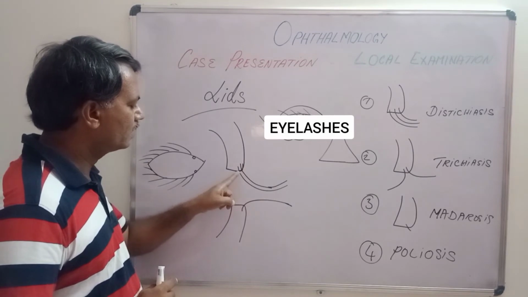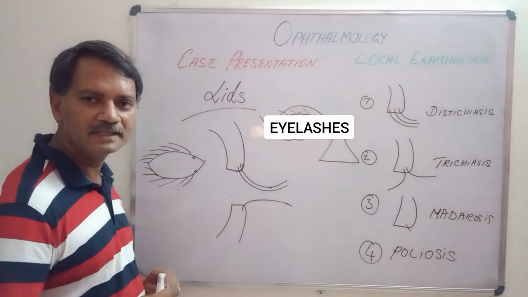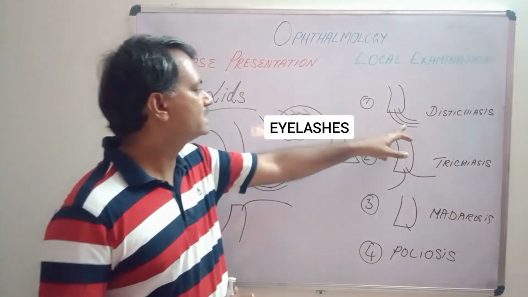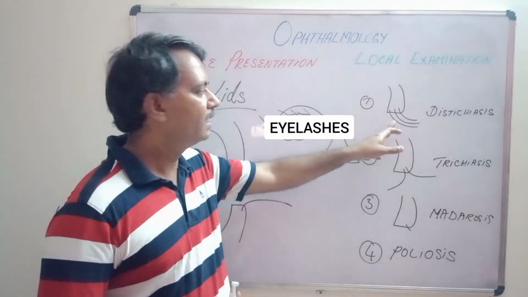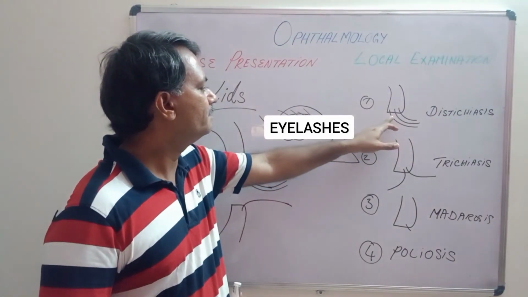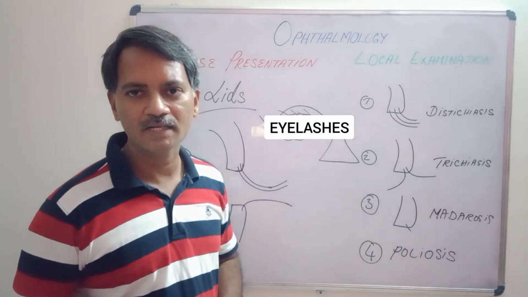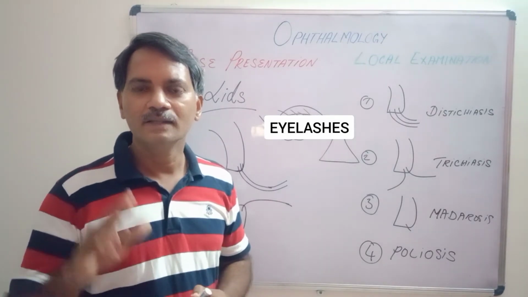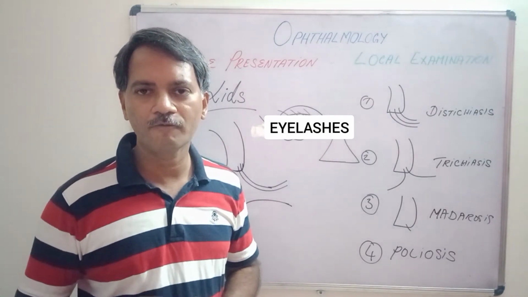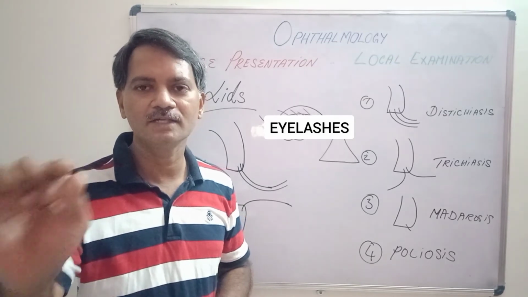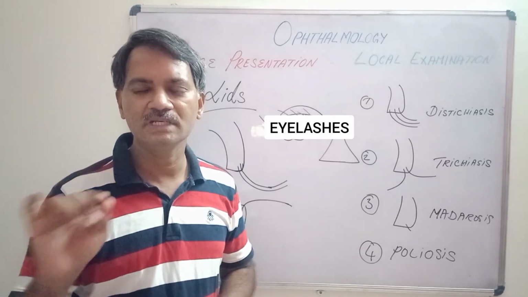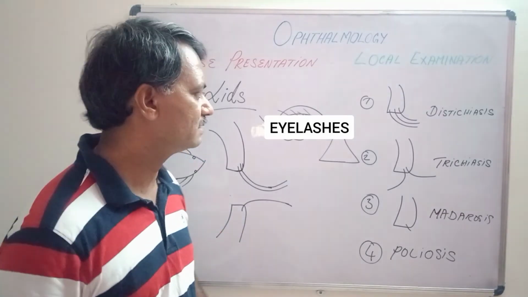Both of them are present in the anterior lid margin. Here you can see 3 rows. The third row is close to the posterior lid margin. So what will happen? The posterior-most row of eyelashes will cause irritation to the eyes. Sometimes it may cause corneal ulceration.